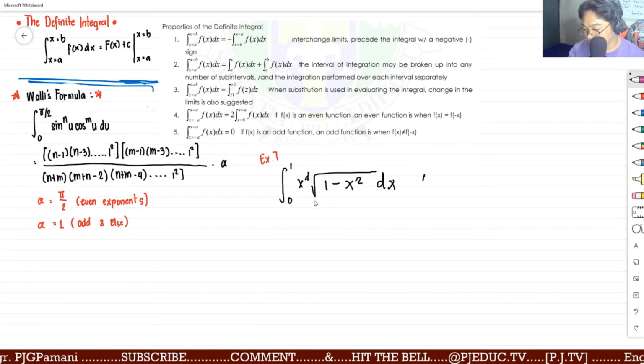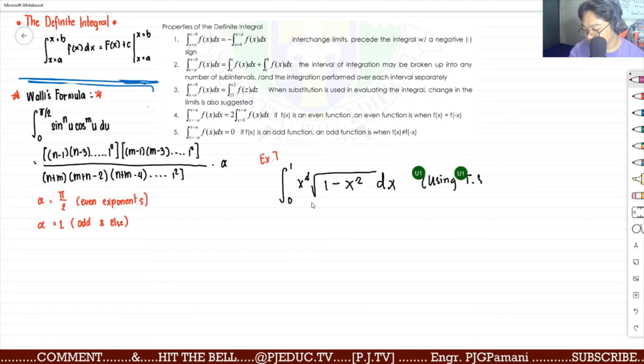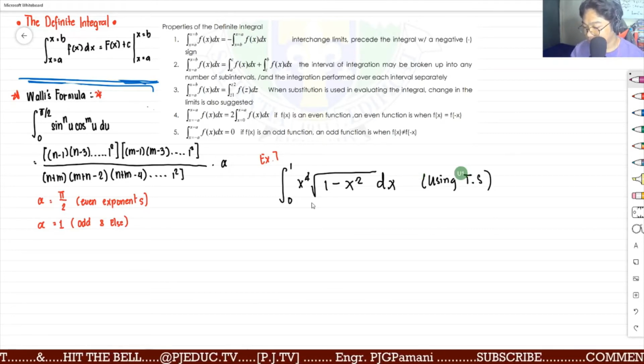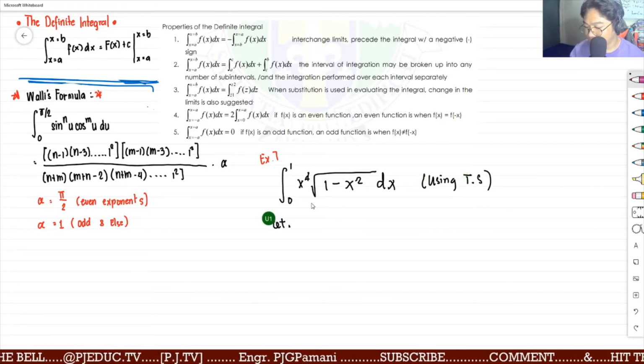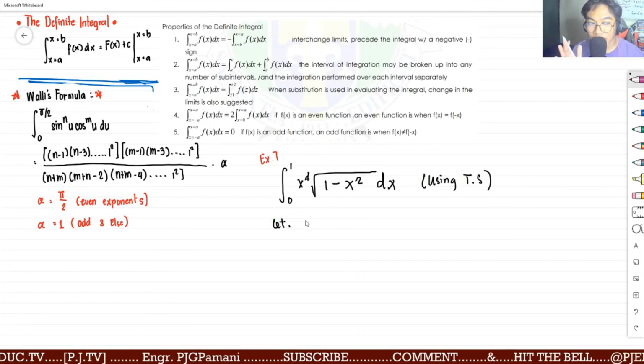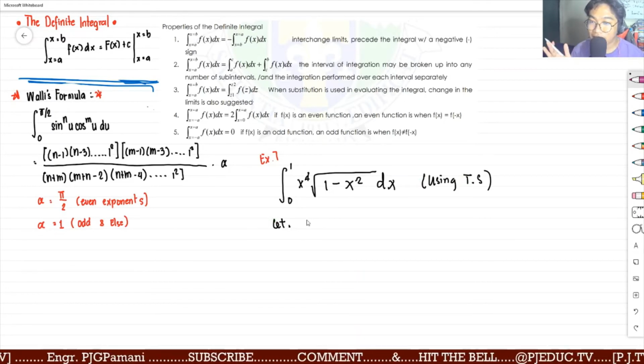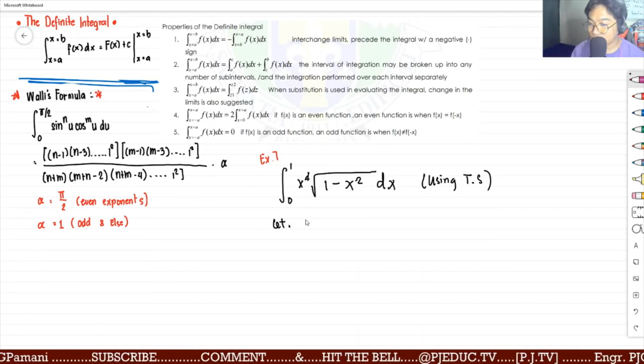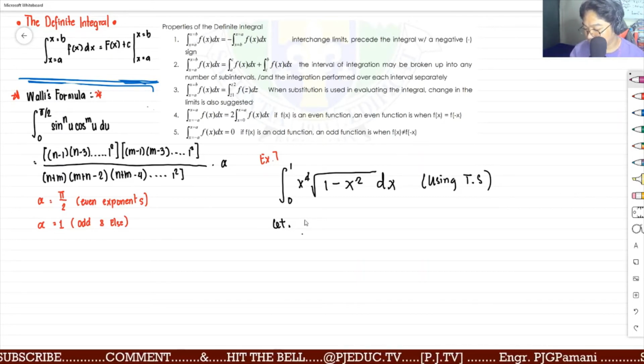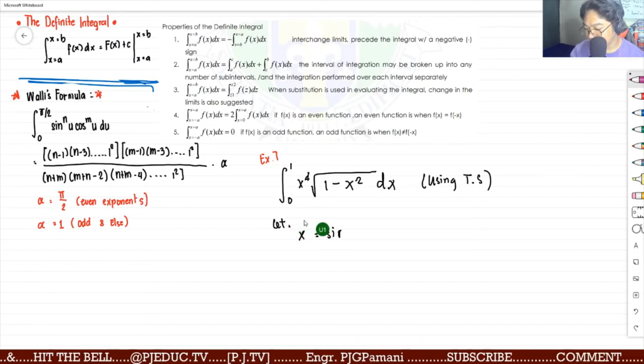Right? So, if I ask you to use trigonometric substitution, how are we going to evaluate this problem? Evaluate muna natin without considering the limits muna ha, just the given integrand. Let us assume that the value of x is equal to sine theta.